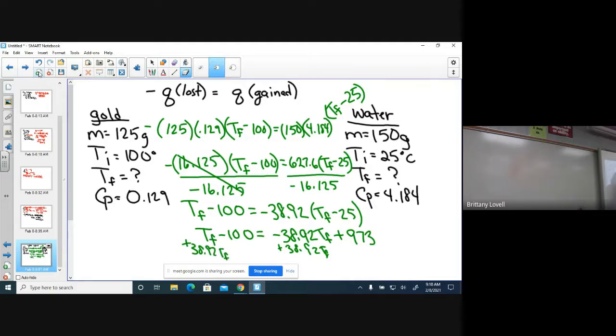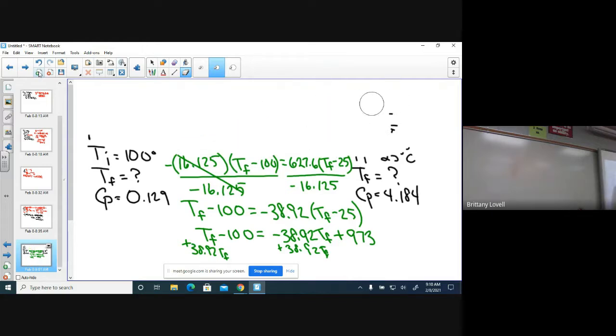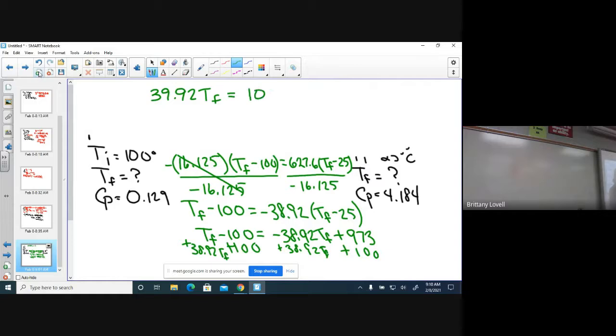So I've got 38.92 TF plus 1 TF, which is about 39.92 TF, equals. I'm going to take this 100 and get it on the right side because like terms, right? So I'm going to add 100 over here. So that's going to be equal to 1,073.